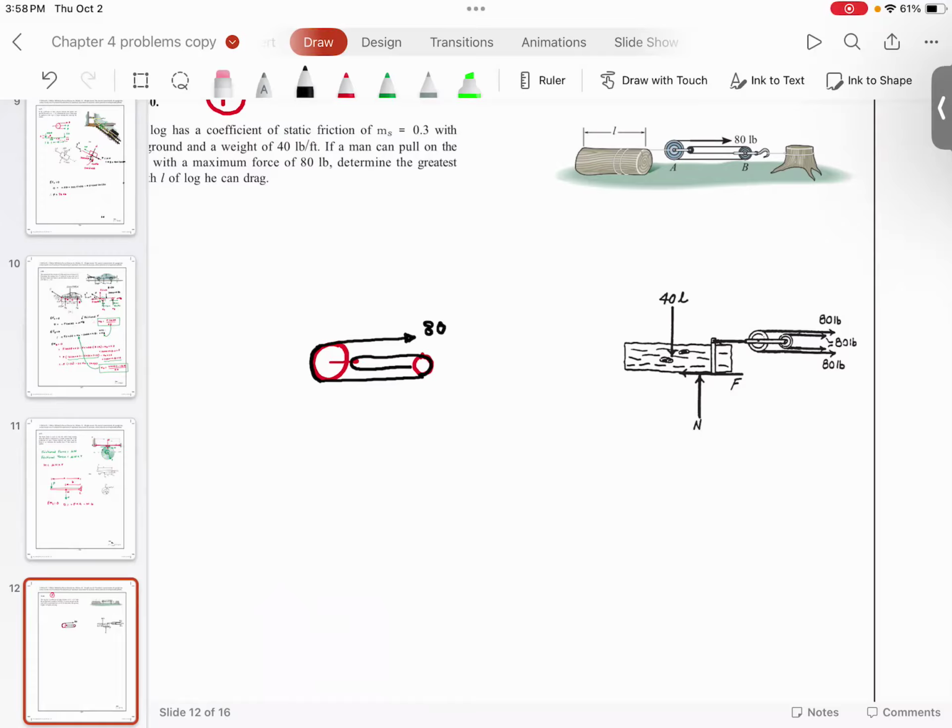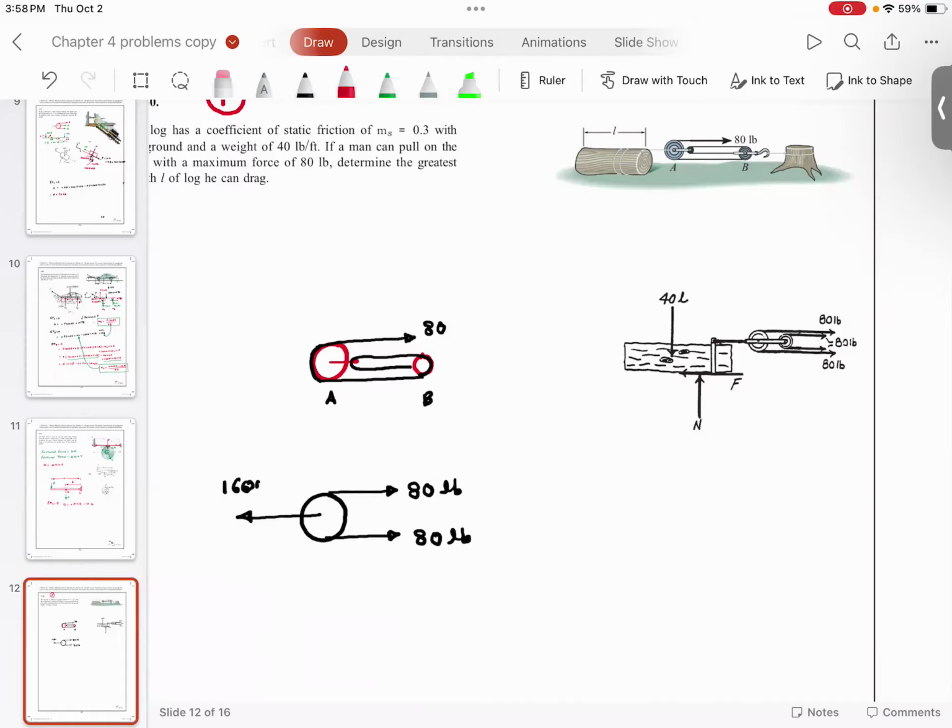please note you want to draw the free body diagram. So let's understand, you have pulley A and you have pulley B. Let's look at the forces on pulley A. The rope has 80 pound here. For the pulley to be stationary, to satisfy the conditions of equilibrium, it needs to have 80 pound here, which means here is going to have 160 pounds.